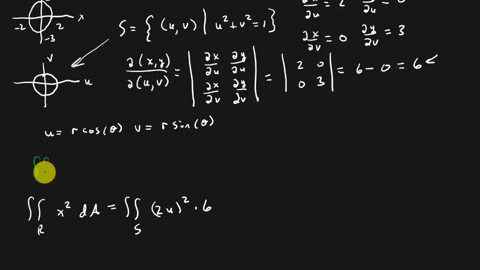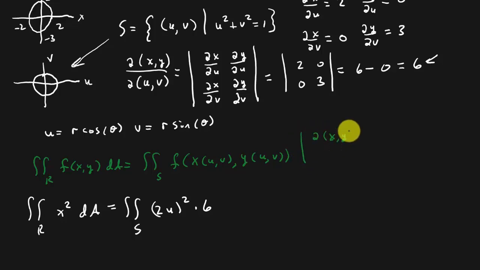Remember, the integral over the region R of f of x, y, dA is equal to the double integral over S of f of x of u, v, y of u, v, times the Jacobian du dv. That's what we're doing right now.